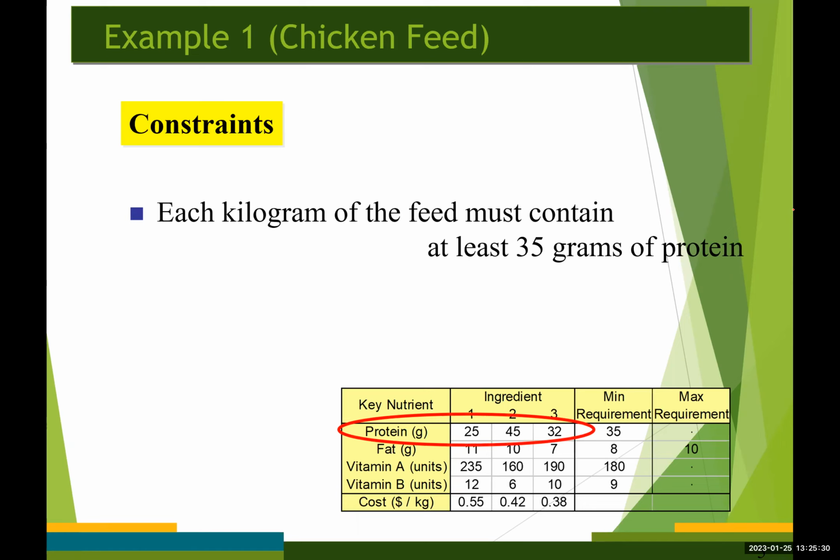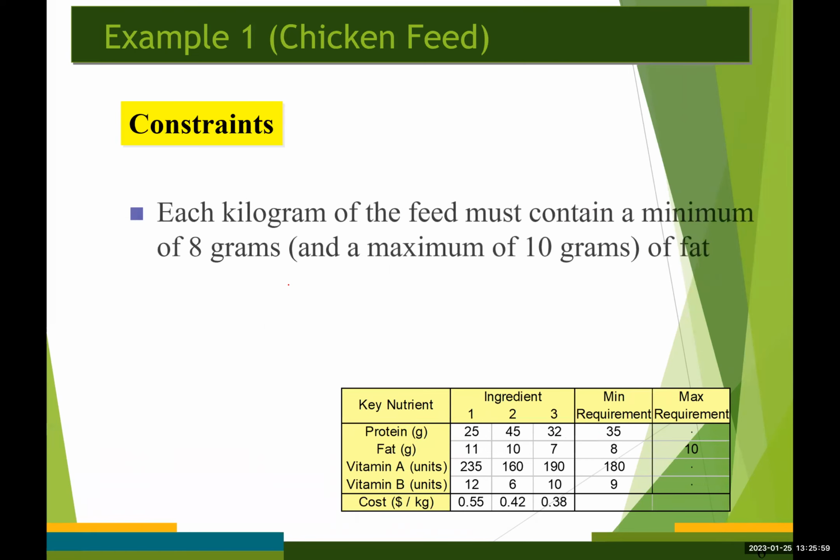So using the first row of this table, we can construct the protein constraint. That's going to be 25x1 plus 45x2 plus 32x3 must be at least 35, right? That's quite straightforward, right?